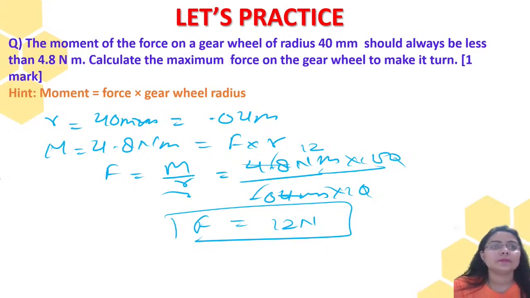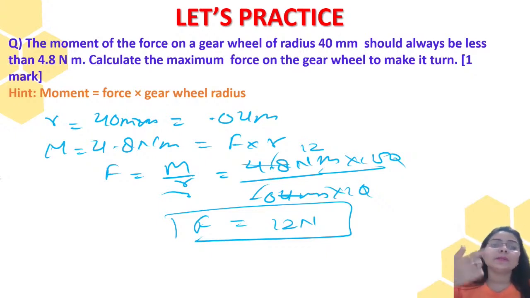This is the way you can proceed on any kind of question like that. If they give you the value of size, or the value of a force, or they are asking you for the moment, you can do that. If they are giving you a moment and radius, you can find the force.